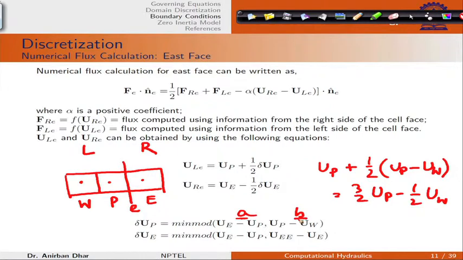But if it is b, then we will have this value at the interface, which is nothing but the linear interpolation of u_W, this is u_W, this is u_P, and this is u_E. From the left side, although it is u_E, we are calculating u_L at e.